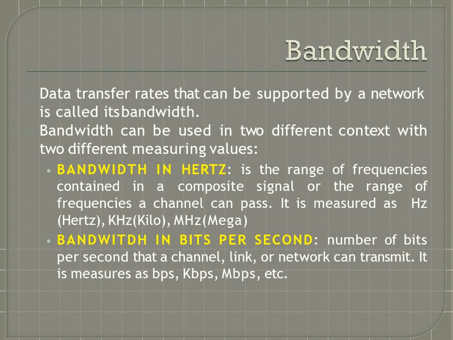Now, bandwidth can be used in two different contexts: bandwidth in hertz and bandwidth in bits per second. In digital systems, bandwidth is data speed in bits per second, small b. In analog systems, bandwidth is defined in terms of the difference between the highest frequency signal component and the lowest frequency signal component.